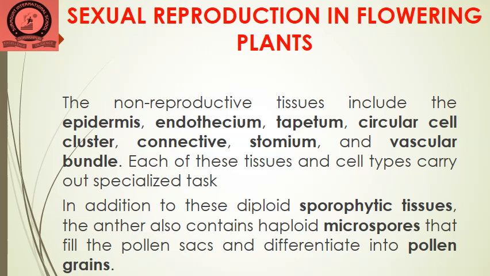Cells of these tissues each perform a specialized function. In addition to these, the anther also contains haploid microspores that fill the pollen sac and differentiate into pollen grains.